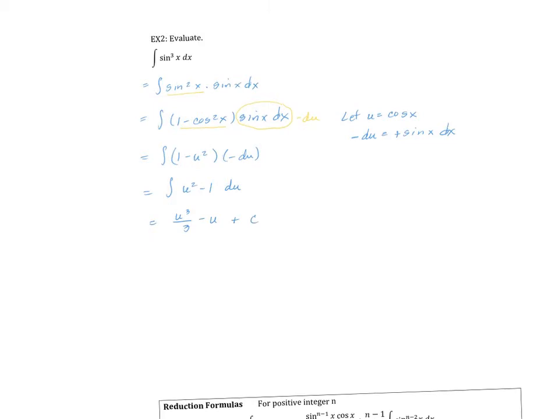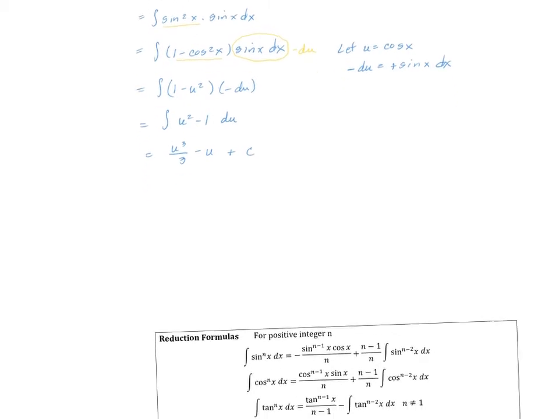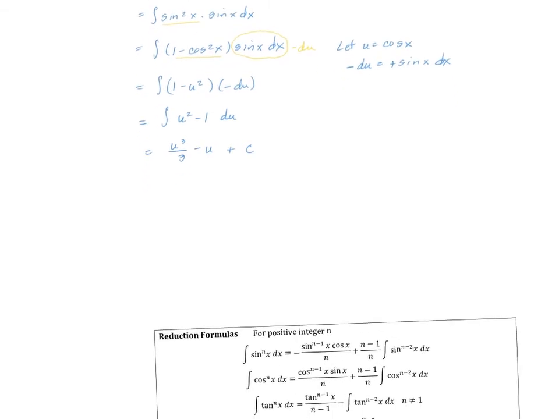So again, we have to substitute back in for u, and u is just cosine. So we get cosine cubed of x over 3 minus cosine of x plus our constant c. And that's where you can stop. You don't need to combine the cosine cubed of x over 3 minus cosine of x.